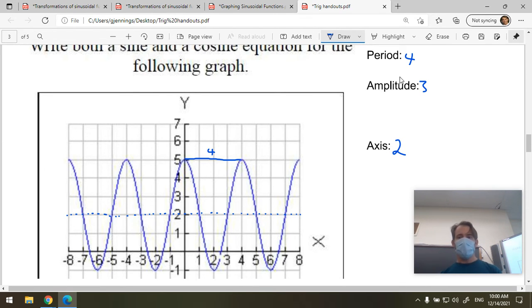And then we have just about everything we need to start putting this together, especially if we're using cosine. So let's start with cosine. First of all, we need to use the period to calculate our k value. So remember, we have a formula for that. It's k is equal to 360 divided by the period. So what's our k value?